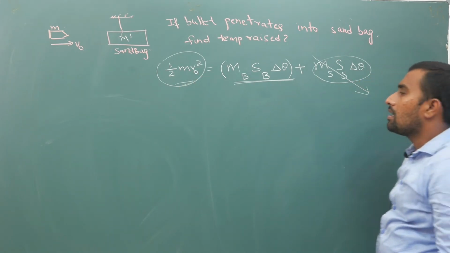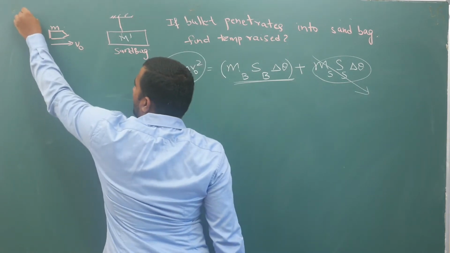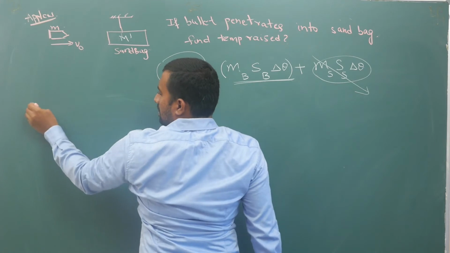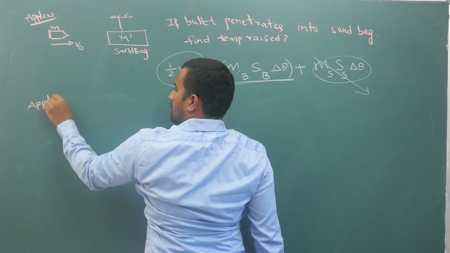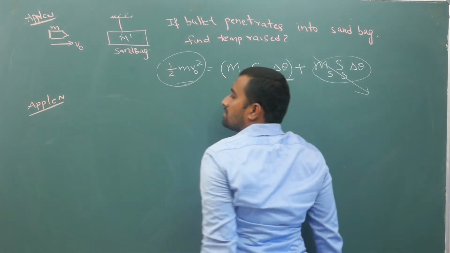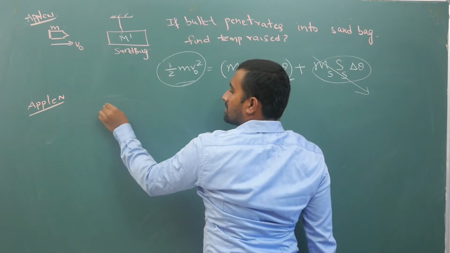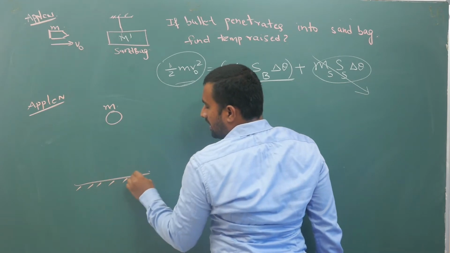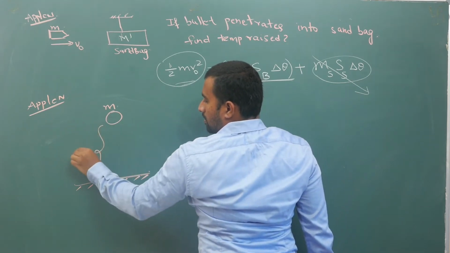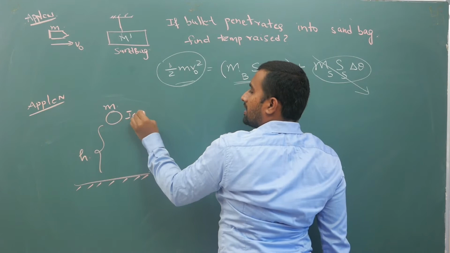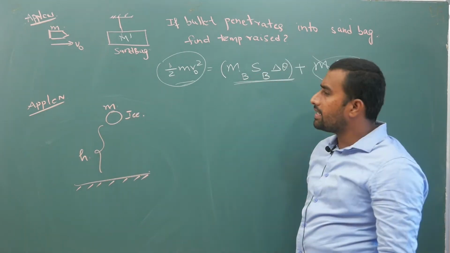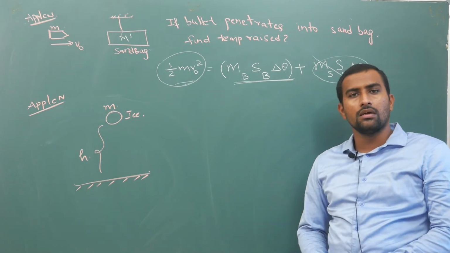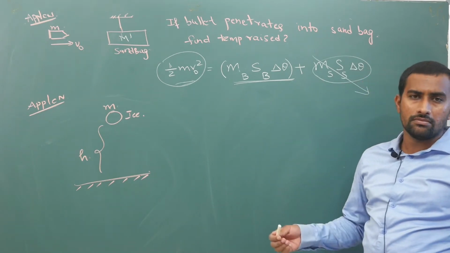Next, another application where they'll ask simple basic questions is, they'll take some block of mass m, and then they'll release it from some height h. This is some ice, let us say, raindrops before it, at the atmospheric level, let us say it is at 0 degrees centigrade or some negative temperature.